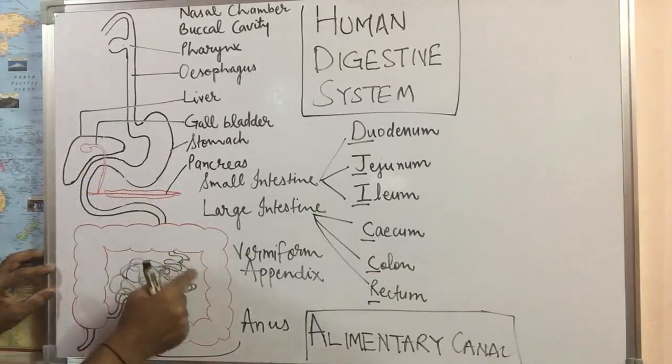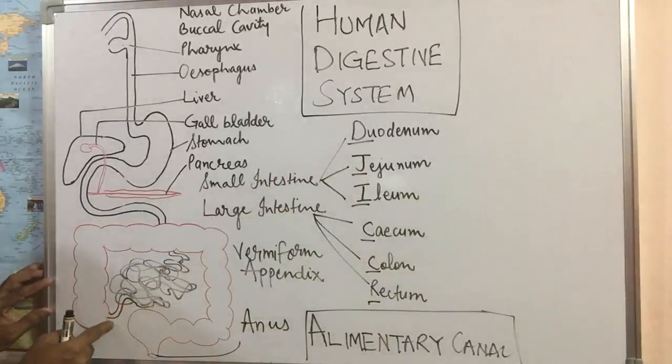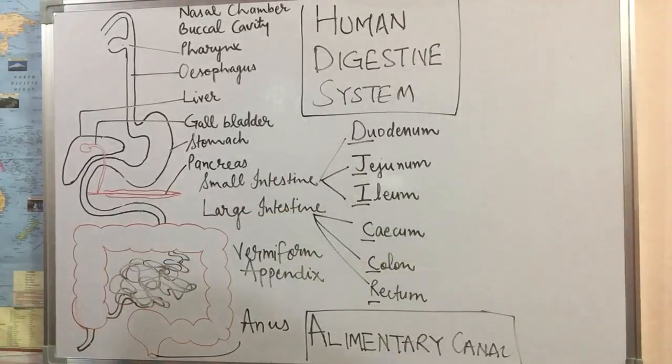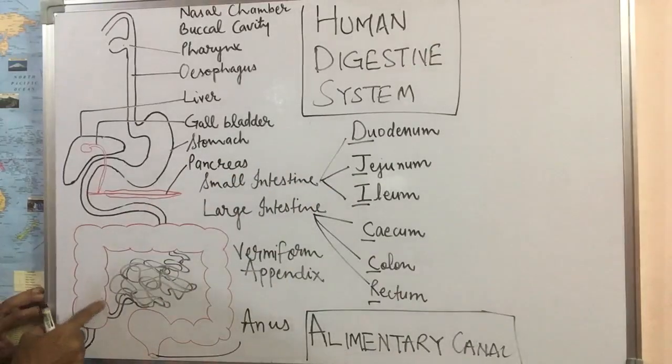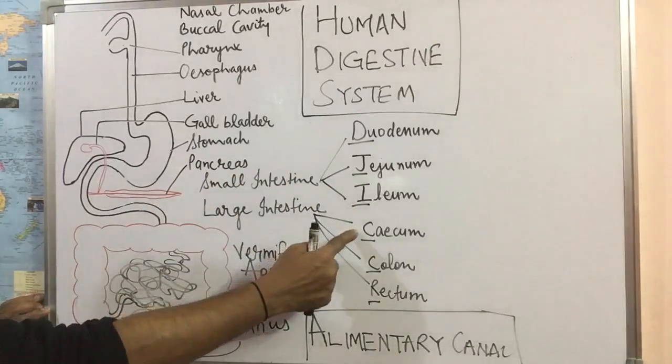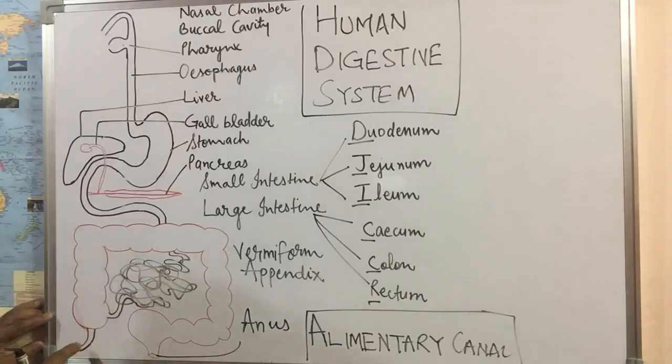Then this whole structure is known as the jejunum, and this last part is known as the ileum. Jejunum is the largest part of the small intestine. Then this part is known as the cecum, its first part, in which the small intestine opens and the vermiform appendix is present.